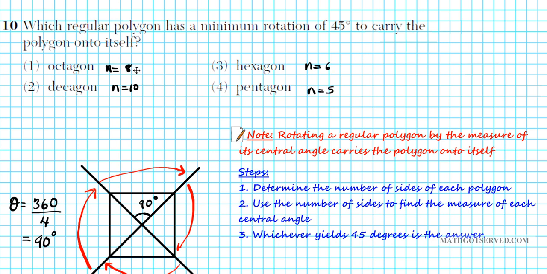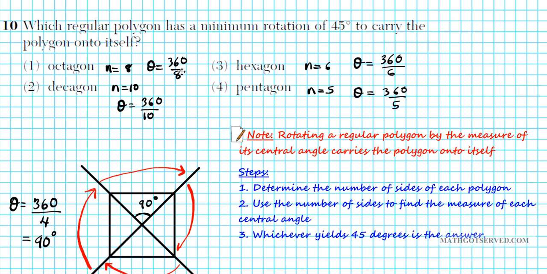So for option number 1, the central angle is going to be full circle 360 divided by 8. And for option 2, the central angle will be 360 divided by 10. For option 3, the central angle will be 360 divided by 6. Option 4 is 360 divided by 5.